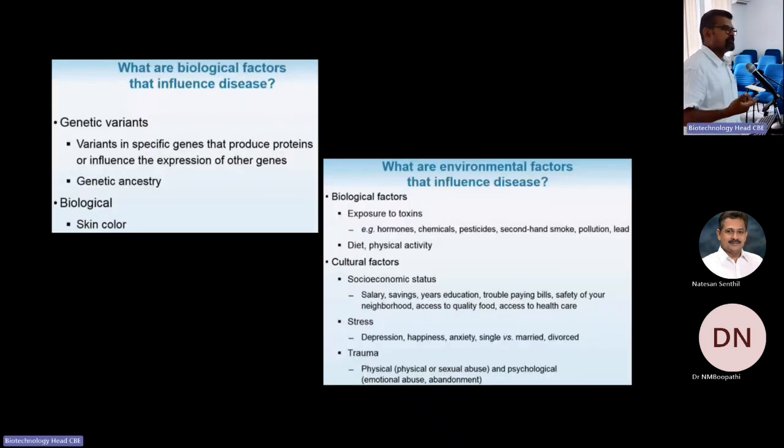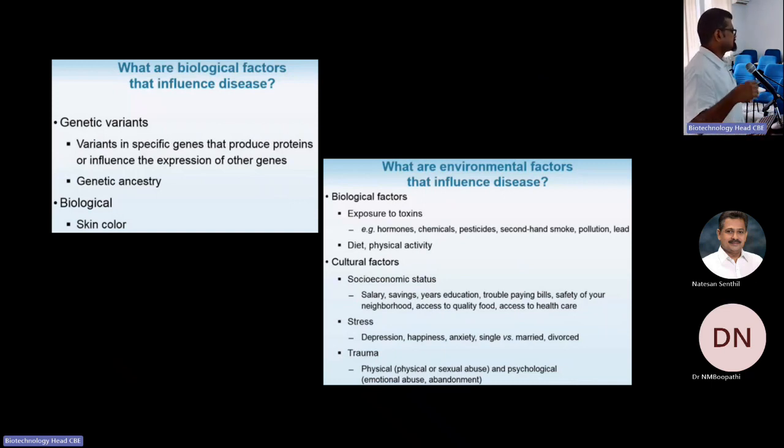So what biological factors can influence the disease? Of course, genetic variants, right? What type of mutations are present, and the genetic ancestry. Because if we want to know why a particular disease is prevalent in a particular population, for example Northeast India, there is a high risk of cancers, right?